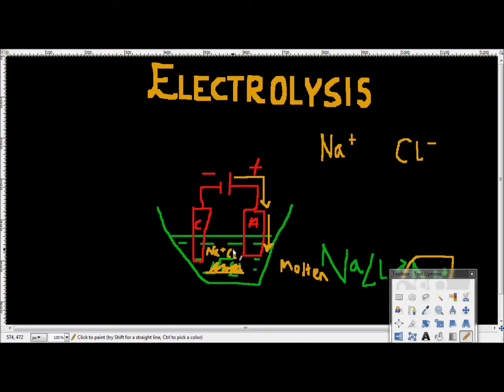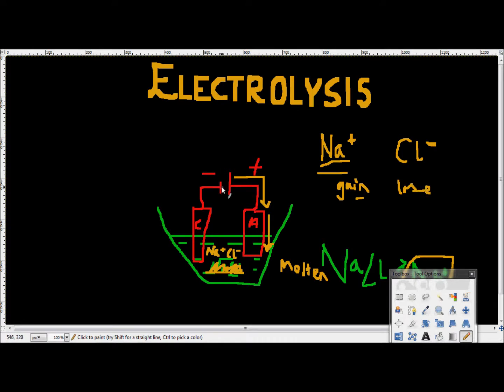So for now just imagine that there are little anions and cations of Na and Cl just floating around in this substance. Now of course, since these are both ions, and this one is positive and this one is negative, this one wants to gain an electron so that it goes back to its former state, and this one wants to lose.